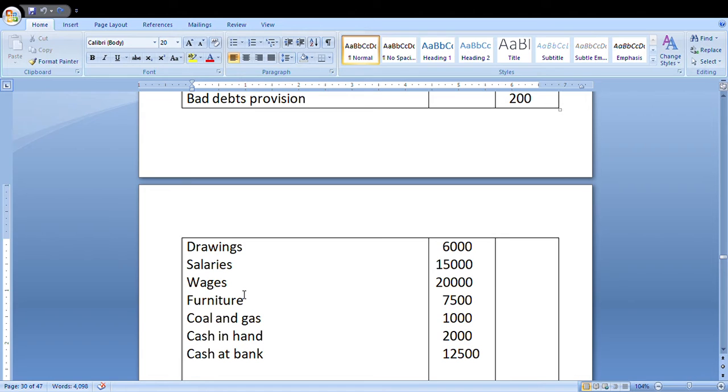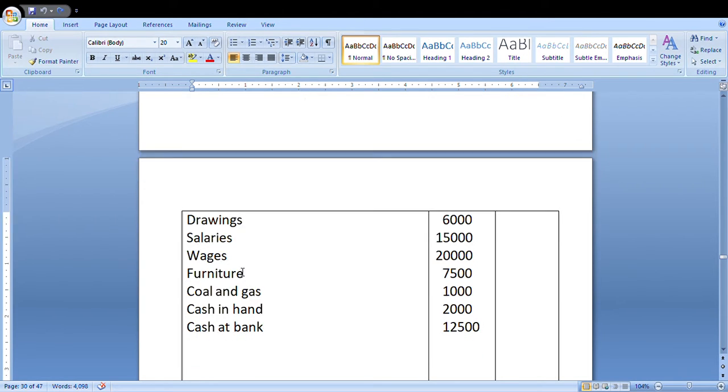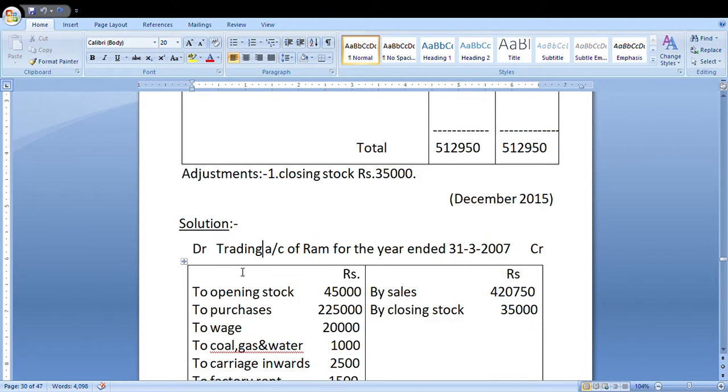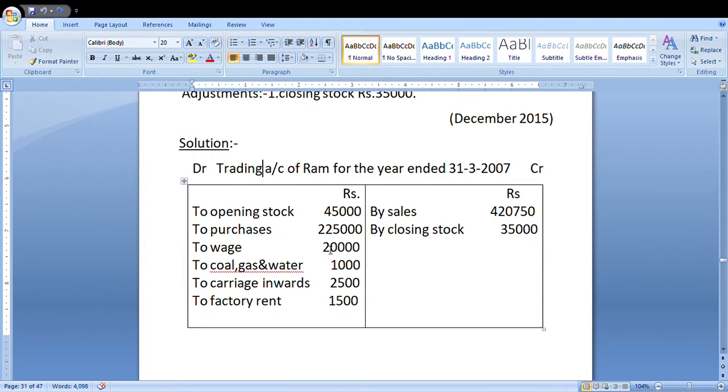Salary means monthly payments to office employees. Wages means daily or weekly payments to factory workers. These wages enter the trading account. Salary enters the profit and loss account. Wages, 20,000.